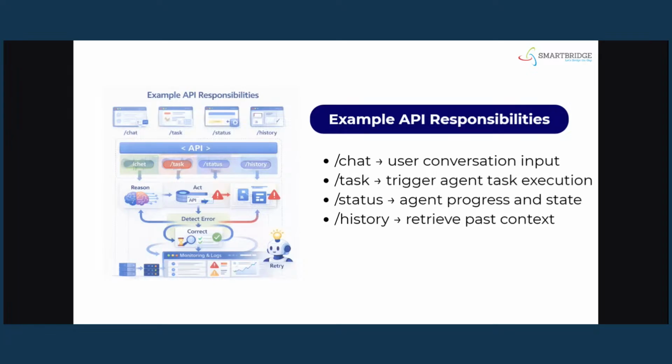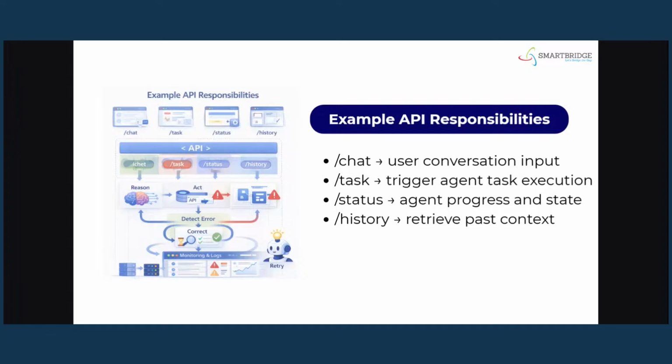And there can also be APIs that allow the application to check the agent's current status, such as whether it is still working on a task or has completed it. Some APIs are used to retrieve history, which means fetching past conversations or actions so that the agent can stay consistent.